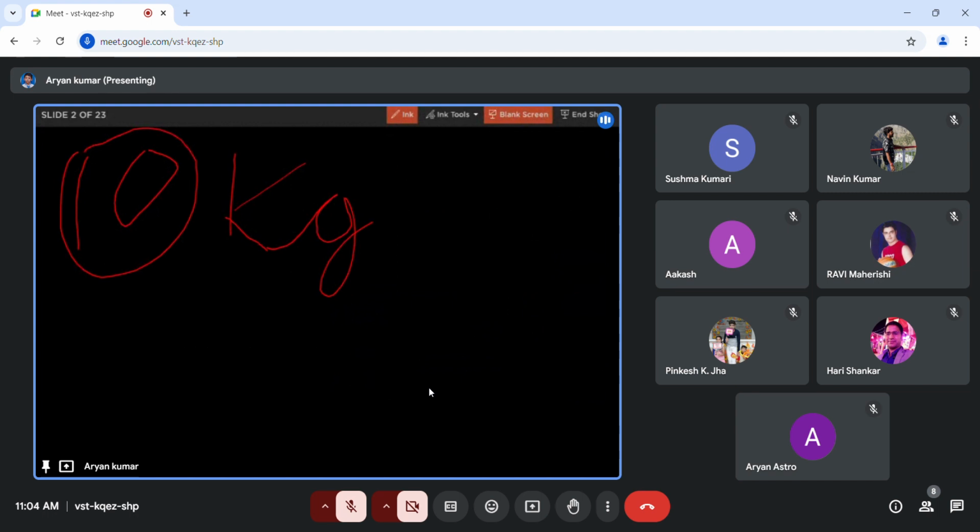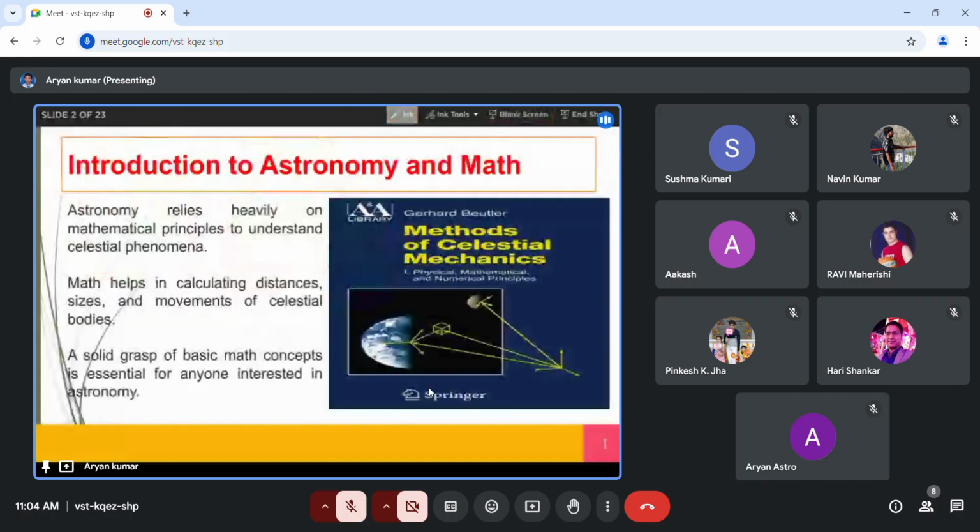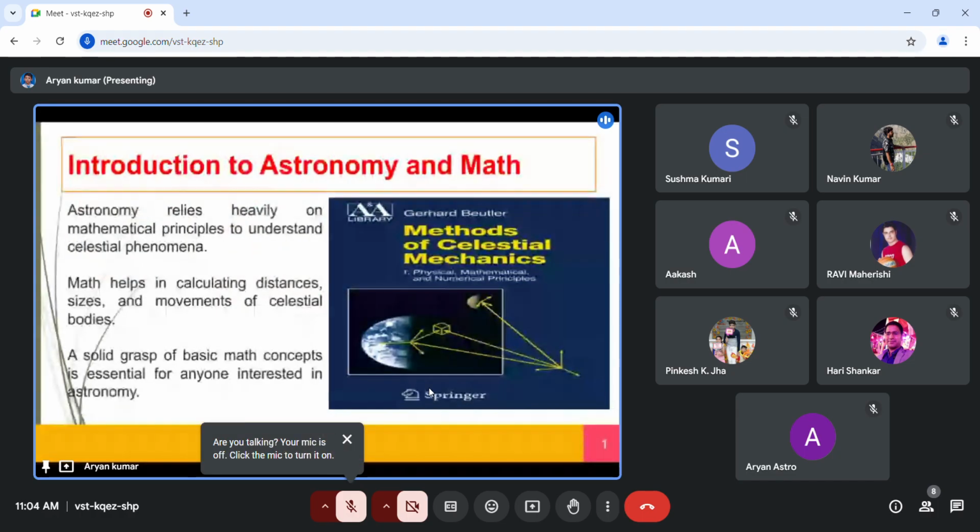This is very essential, very basic maths, which I think everybody here knows: what are magnitudes and what are units. Here the unit is kg and the magnitude is 10. So yeah, this will be a part of maths in astronomy.